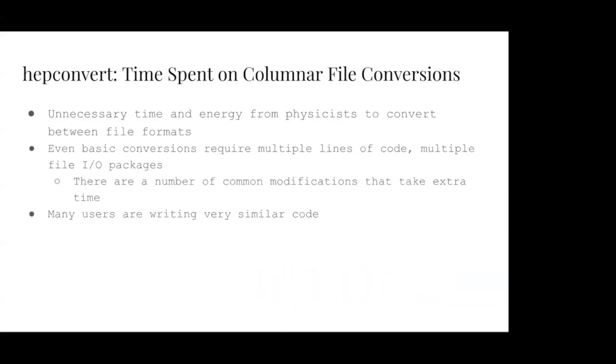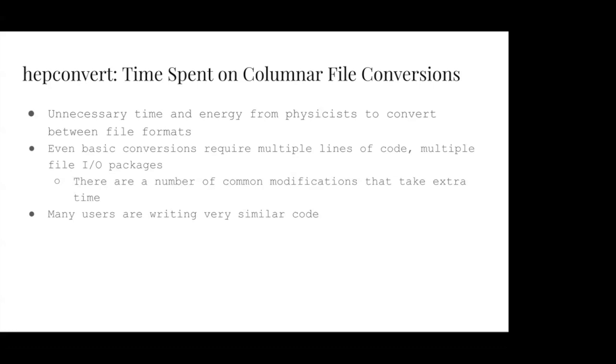So first I'll introduce hepconvert. It's a package to address unnecessary time spent by physicists converting between different columnar file types. There's no easy way to do this without hepconvert. You have to use multiple I/O packages and write multiple lines of code, and to alter this process in any way, users have to write additional code and be familiar with multiple I/O packages.